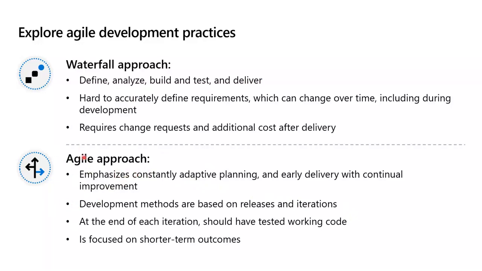The agile approach is going to be focused on iteration and shorter term outcomes. With this, we will be more flexible when there is a change, and definitely we can adapt in the next sprint. Remember that a sprint is going to last between 2 or 3 weeks normally, and we will be more flexible working on those specific changes.